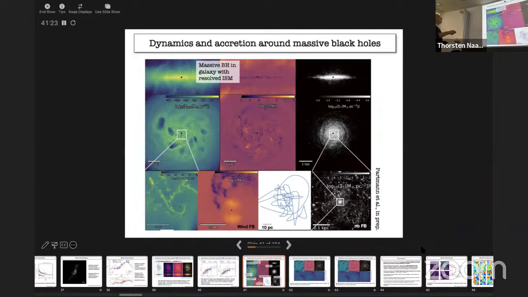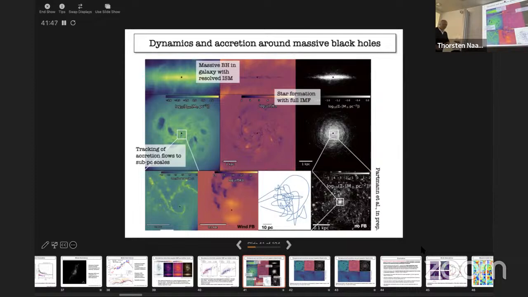In such a simulation with the resolved interstellar medium that I showed you before. And we use the star formation sampling with the full IMF. And with this kind of simulations, we can track accretion flows onto the center to, well, probably sub-parsec scales. Okay, this is an example.